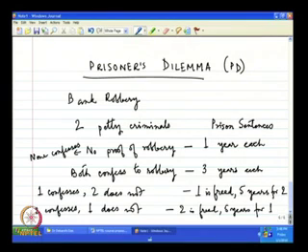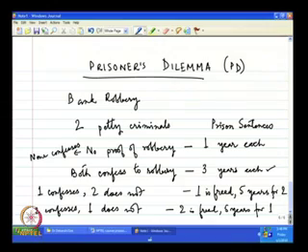The prisoners are stationed in 2 cells. The police have given them these choices: if you confess and the other person also confesses, then both of you will go for 3 years. If neither of you confesses, then again you will go to jail, but not for bank robbery, so it will be fewer years, 1 year.